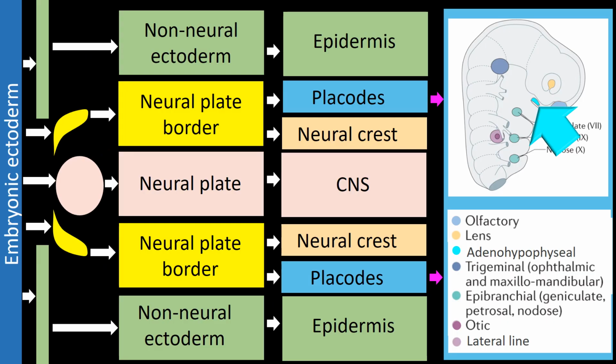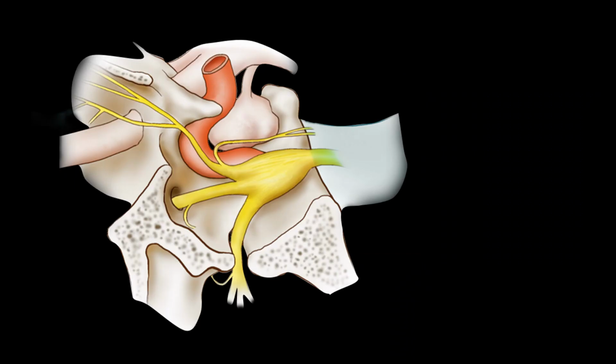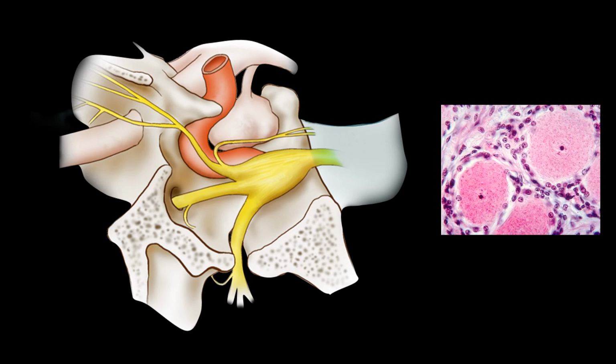After talking about the adenohypophyseal placode, we will briefly mention the trigeminal placode. The trigeminal placode forms some of the neural elements of the trigeminal ganglion. These are the pseudo-unipolar neurons, a fact that cannot be appreciated in this specimen.